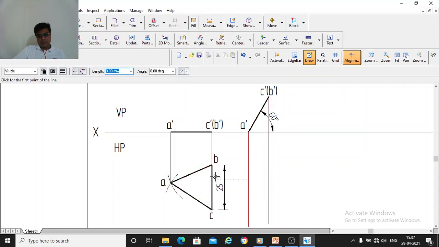So now I know the front view, I want the top view here. In the previous top view, you have the points A, B, C. From all these points, from A, you draw one horizontal line. From B also you draw a horizontal line. From C also you draw a horizontal line. Thin lines you should draw here.